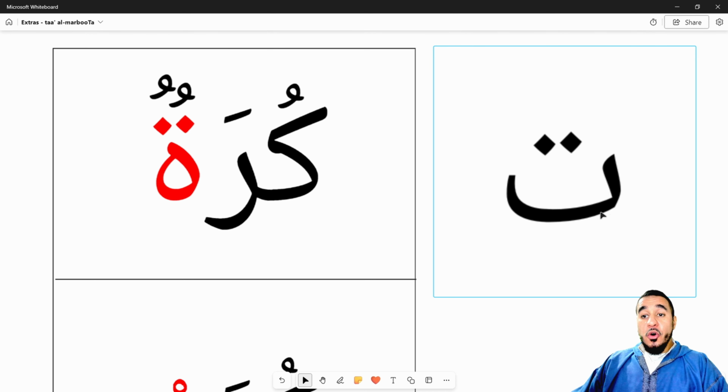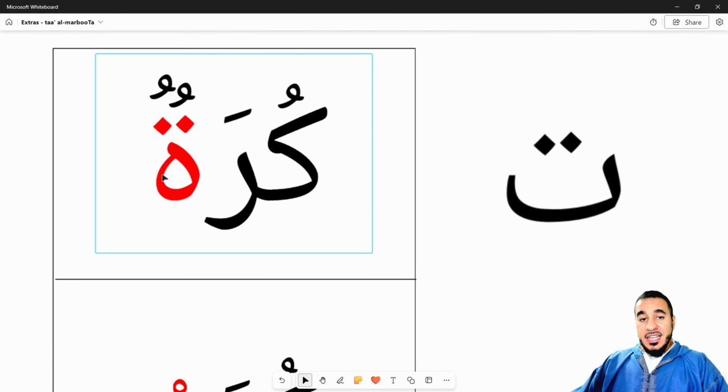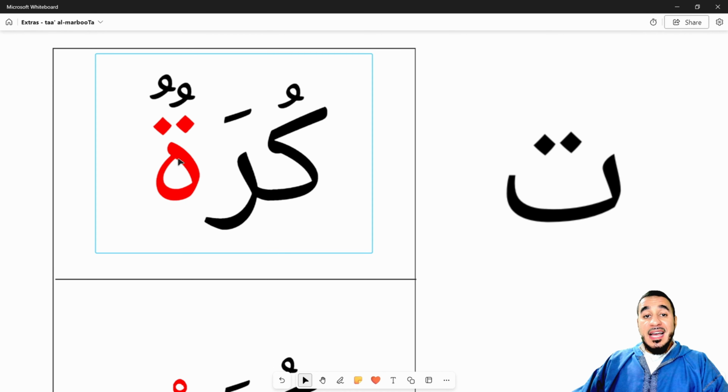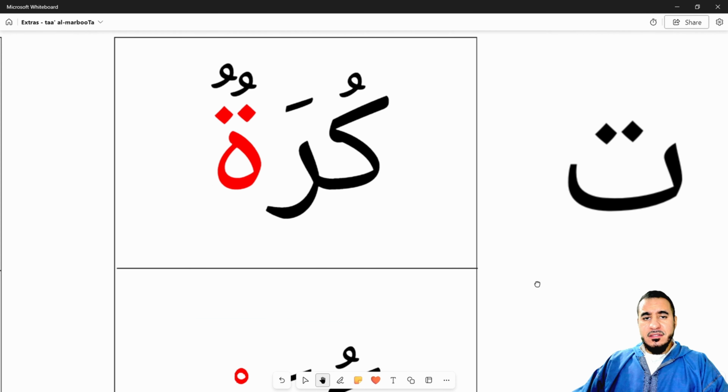If it's closed off like this ta here, then it becomes the ta al-marboota. It's as if we tied those two sides together and made it into the ta al-marboota. It's really as straightforward as that.